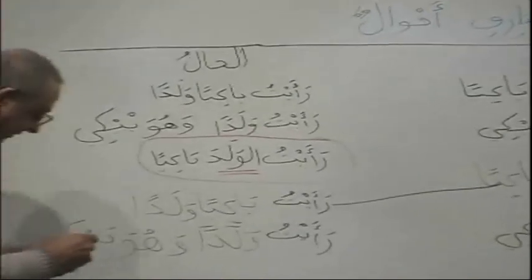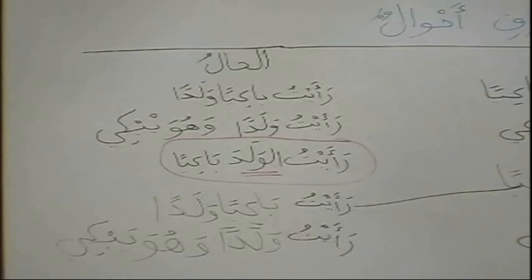Are you with me, brothers and sisters? Insha'Allah. Now this should give you a good idea. After writing this, if you revise your lessons, keeping this in front of you, you will have a clear-cut understanding of hal, inshallah.